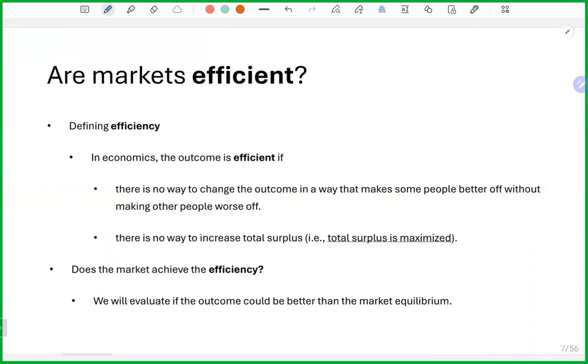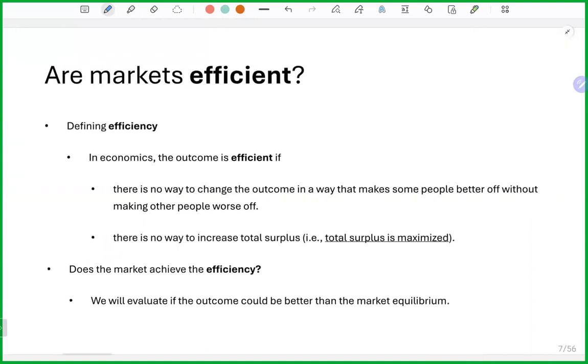So to argue why markets are efficient, the first step is to understand what efficiency means in economics, because some of you are from business school, some of you are from engineering school, and you define efficiency in different ways.